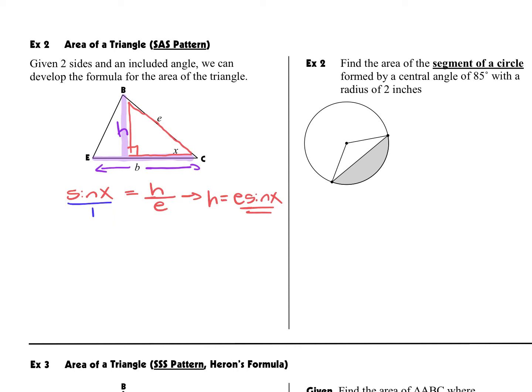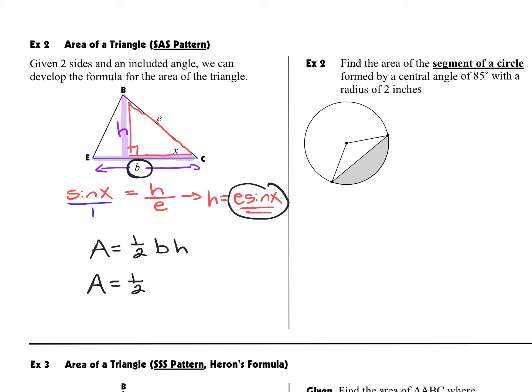We can then combine the height that we know and the base that we know, and we can say that the area of our triangle is always 1/2 base times height. So the area of a triangle is going to be our 1/2.